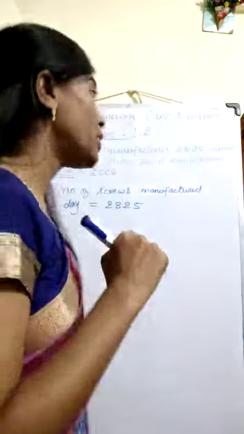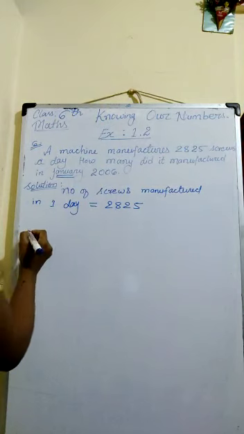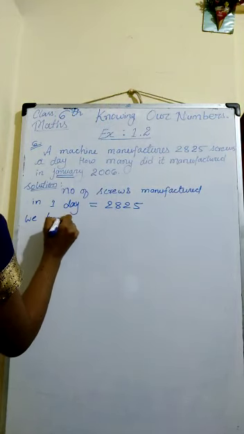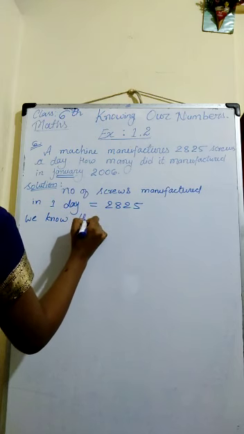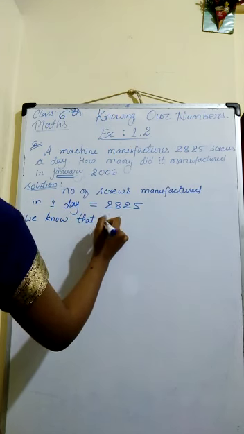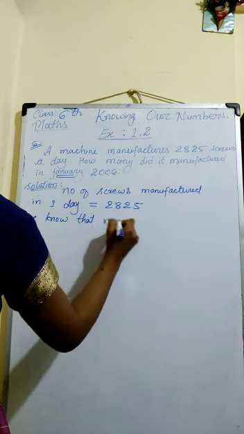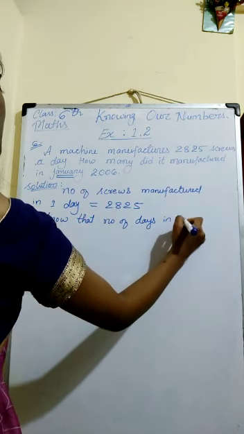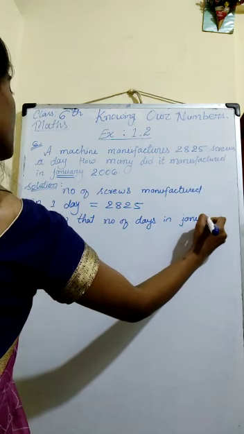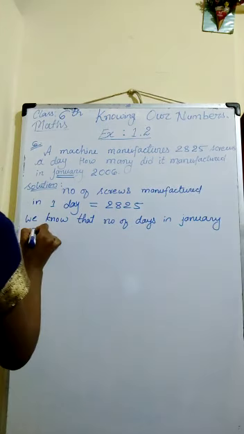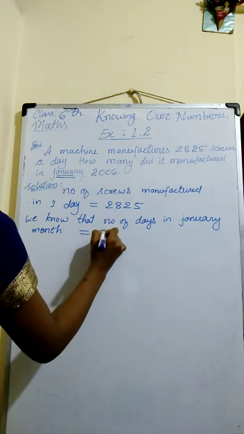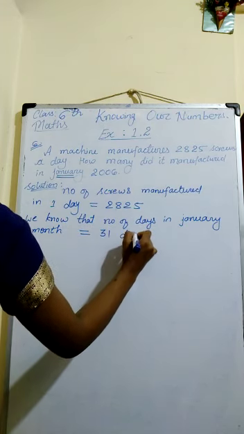So first we need to write down here, we know that the number of days in January month is equal to 31 days.